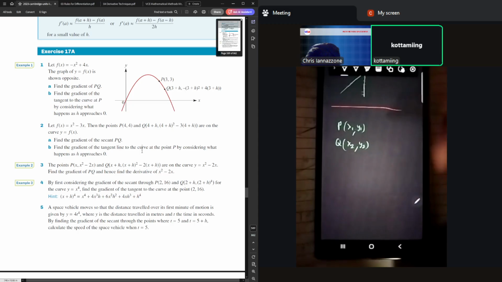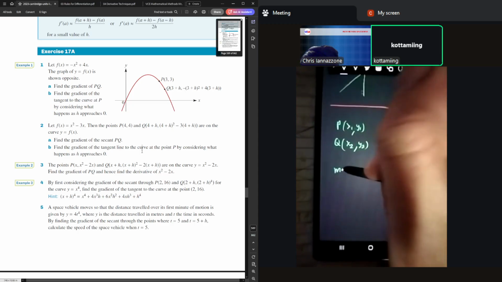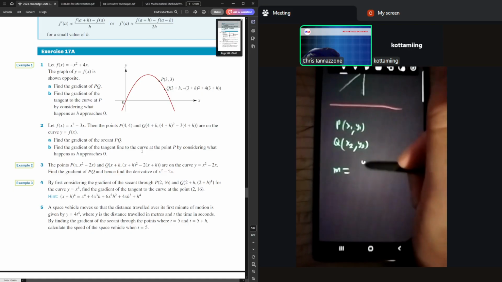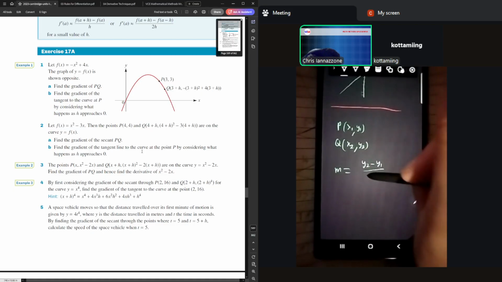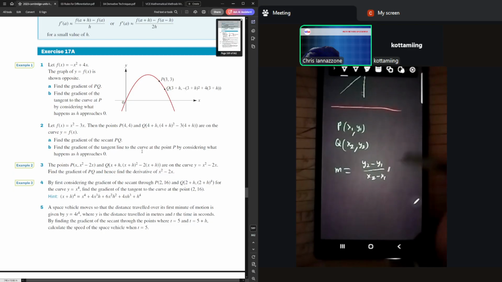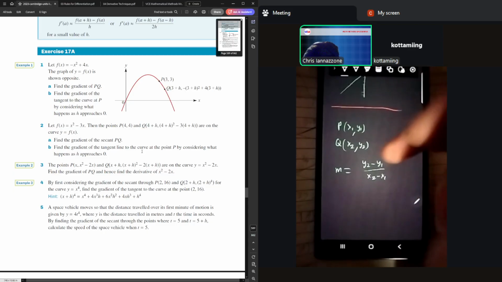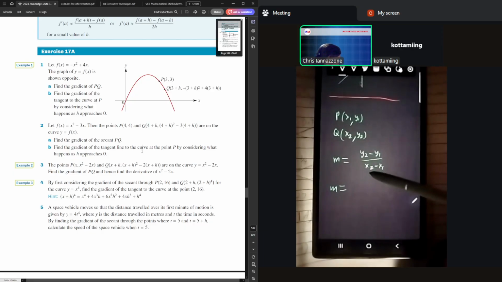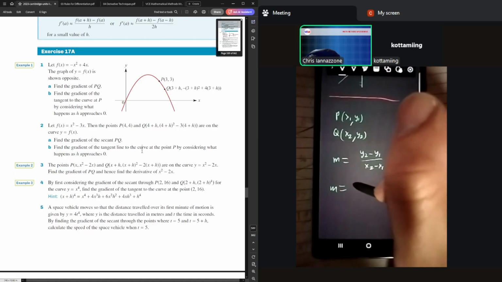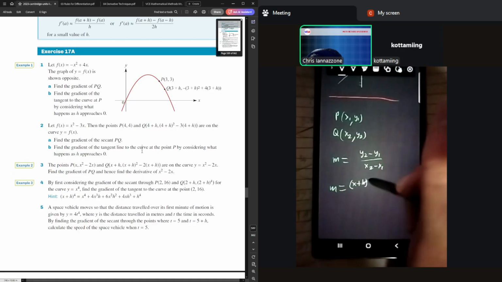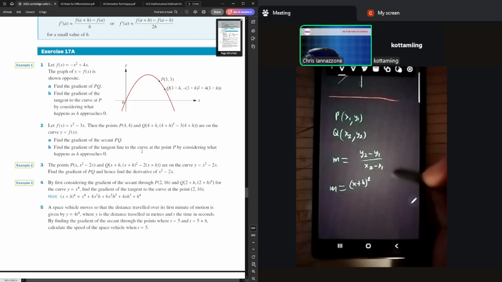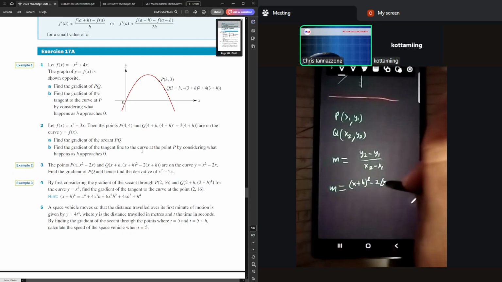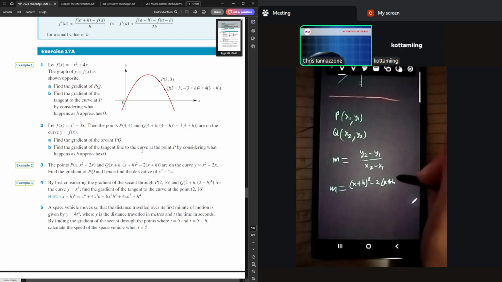Okay. So to do gradient of PQ, m is going to be y2 minus y1 on x2 minus x1. And so whatever's in the y2 spot, I'm just going to put in the y2 spot. So we have Q, which is a nasty thing. It is (x plus h) all squared minus 2(x plus h), sorry.